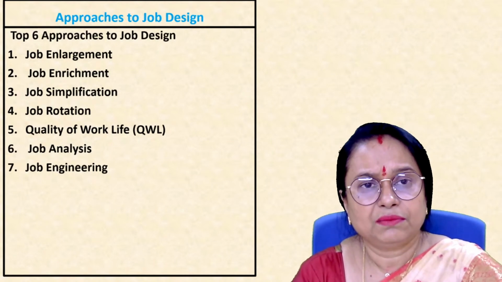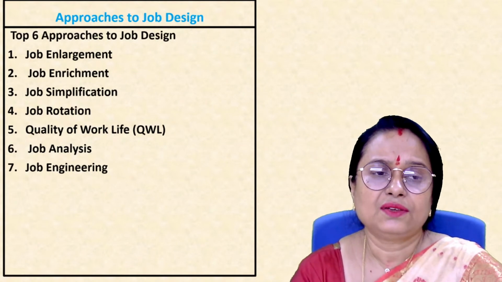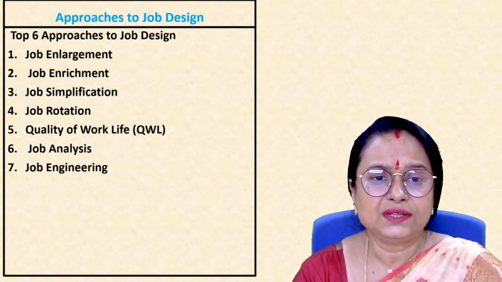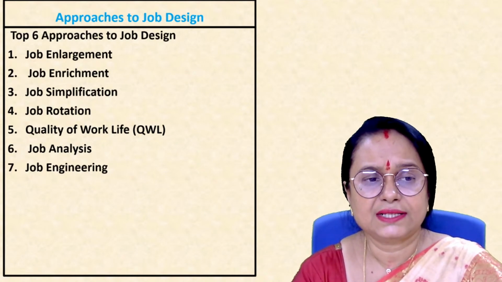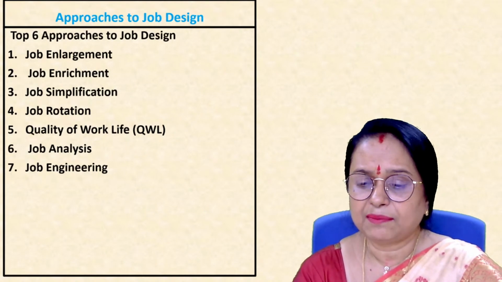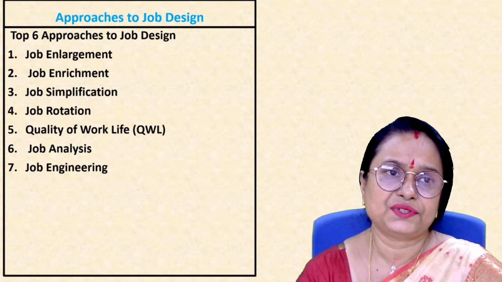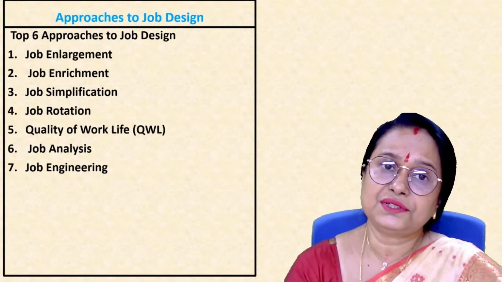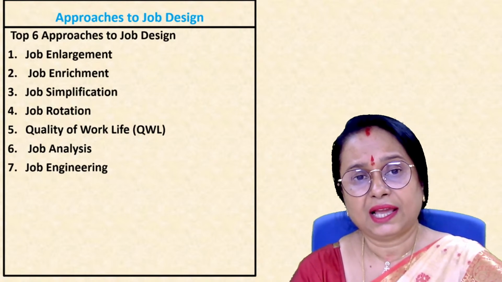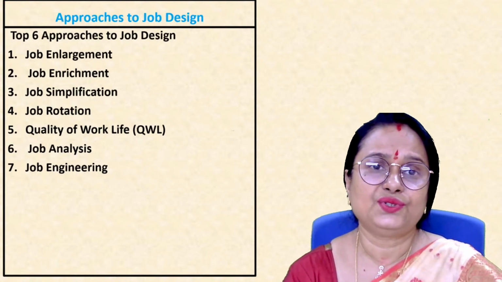What are the approaches? Job enlargement, job enrichment, job simplification, job rotation, quality of work life, job analysis, and job engineering. These are the approaches to job design which lead to organization design. Organization design takes these approaches and the organization moves ahead with job design.